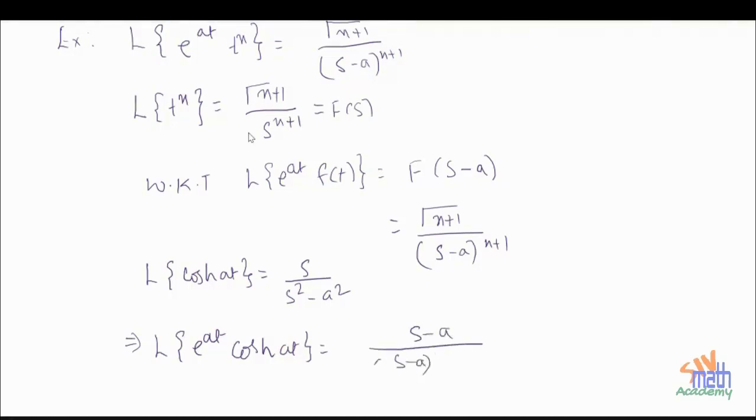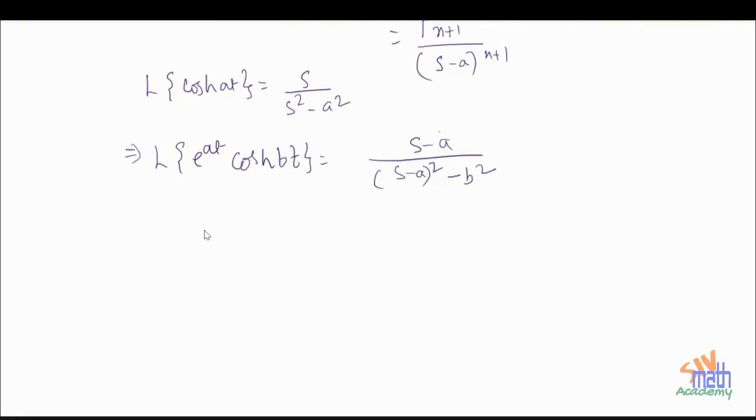You can call it as bt, so that it will be s minus a minus b square, correct? So this is how the formula works. You will be getting this kind of expression finally using the shifting thing. Like this, all the other remaining formulas also get changed. This is all about the first shifting theorem.